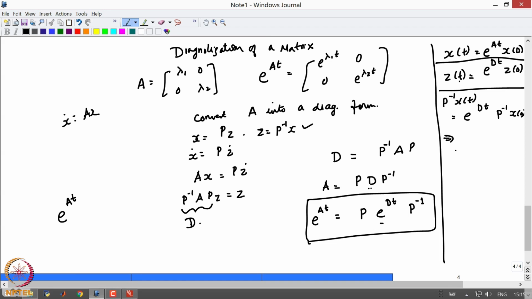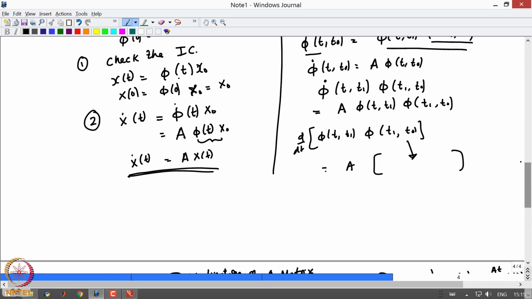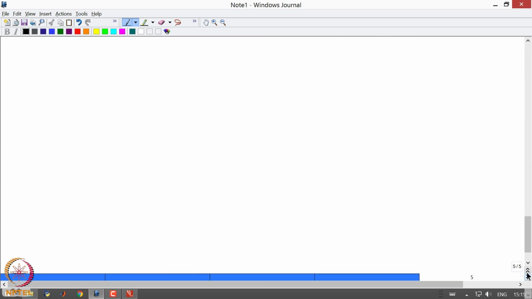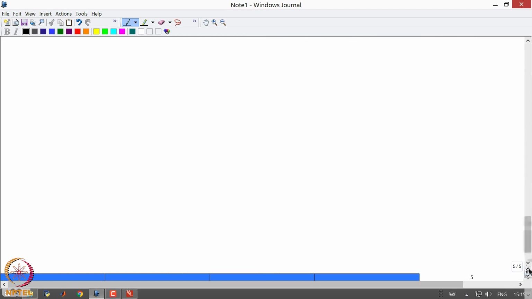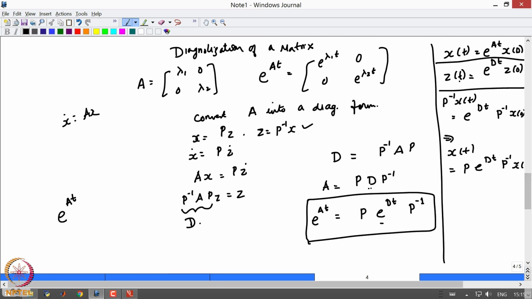So, this implies that x of t is P e power D t P inverse x naught. Okay. So this is a little proof of how I can compute e power A t when I know that I can diagonalize the matrix.